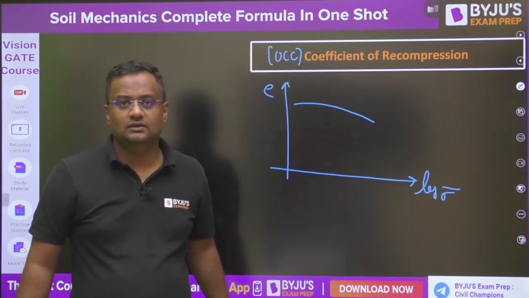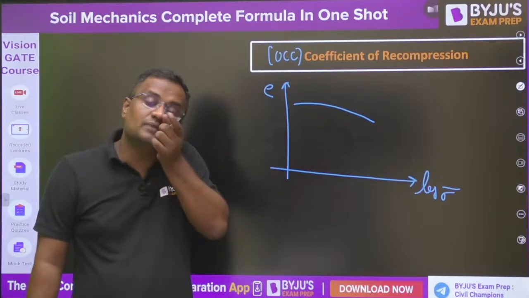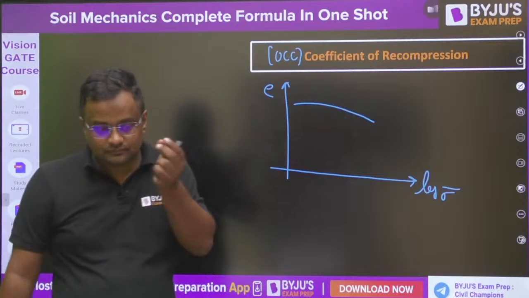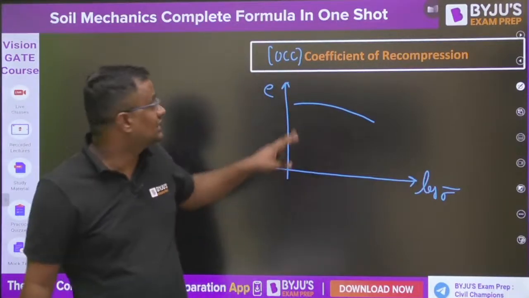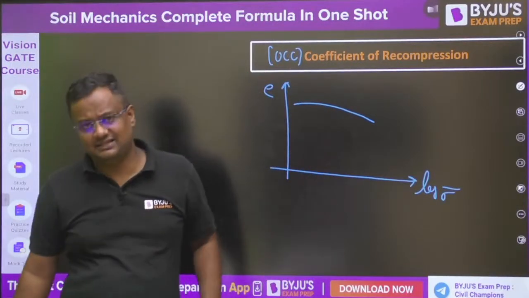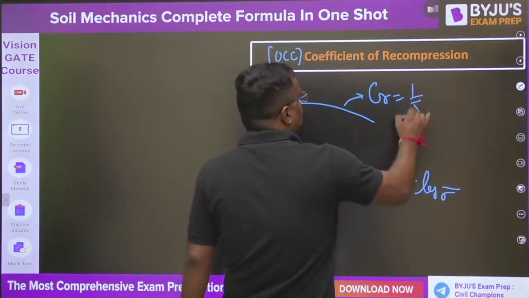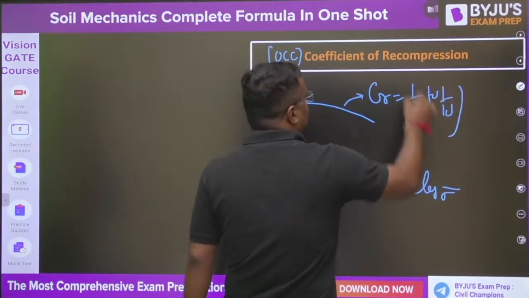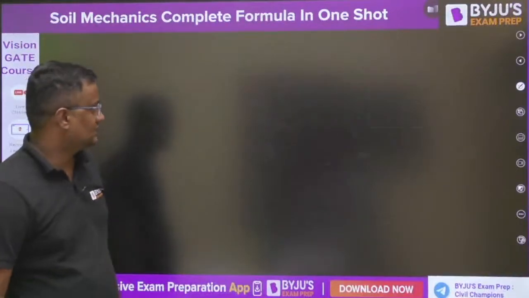So today's stress is not much, that means settlement will not be more. That is why the curve is flat. It is not coming downwards like NC soil. And the slope of this is Cr, the coefficient of recompression. That is 1/5 to 1/10 of Cc. It is flat, so the slope will be lesser.